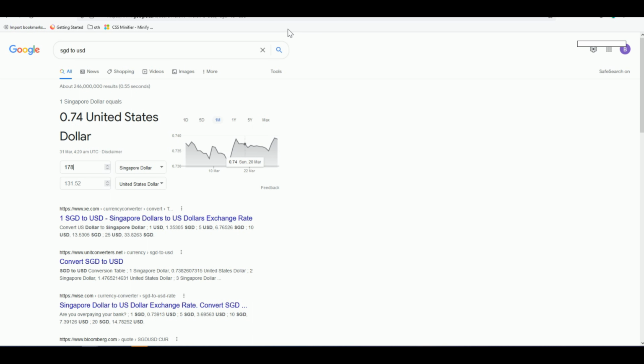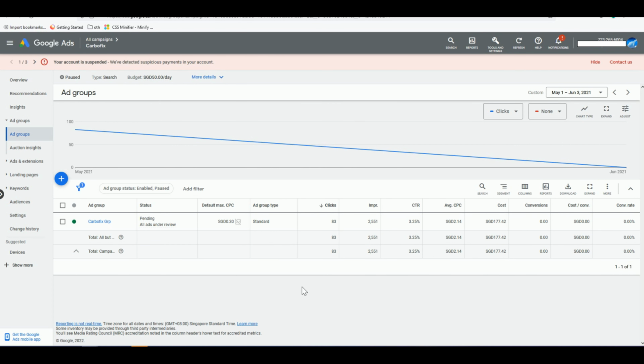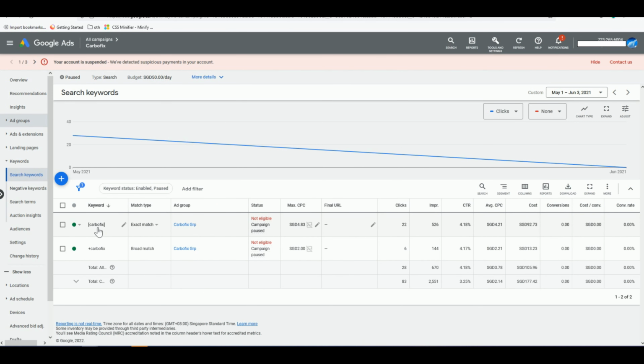That's the total spent. And in this campaign, I am using brand bidding. I am using the exact keyword CarboFix. I use exact match so that my ad will only appear to those people who are typing CarboFix. So it's really effective.